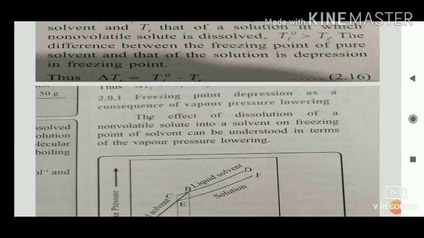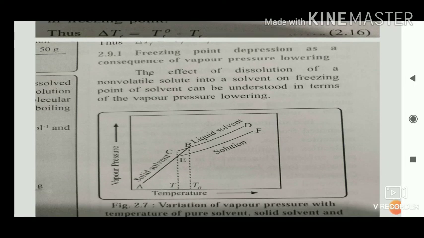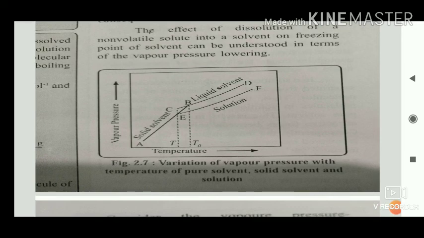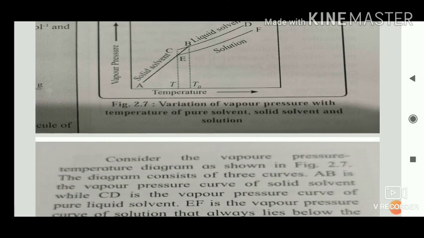This is seen also with the help of a graph. The graph is vapor pressure versus temperature. The vapor pressure temperature diagram consists of three curves.